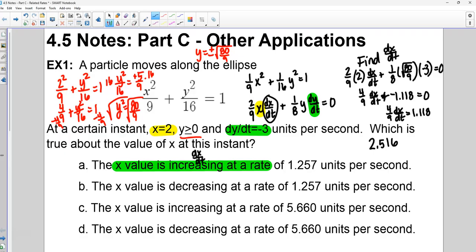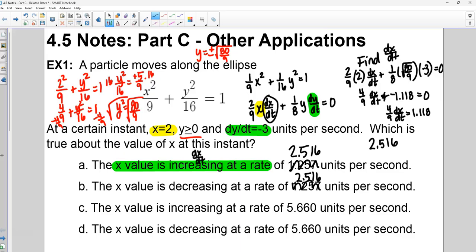I think that if I go over here and change this number to 2.516 and then change this number to 2.516, now we have good answer choices. I'm pretty sure I've done this right and my answer choices are wrong and I need to go back and fix this question, even though I've used this one before. So this probably happened last year. And then I said to myself, go fix this, and then I didn't go fix it.